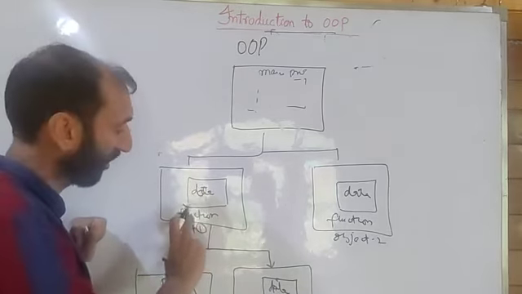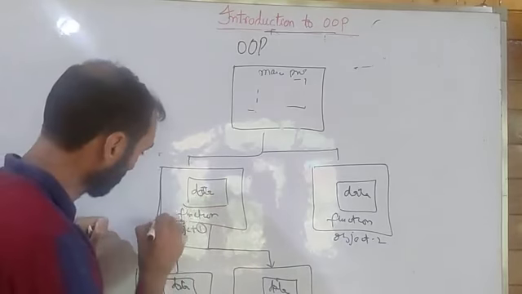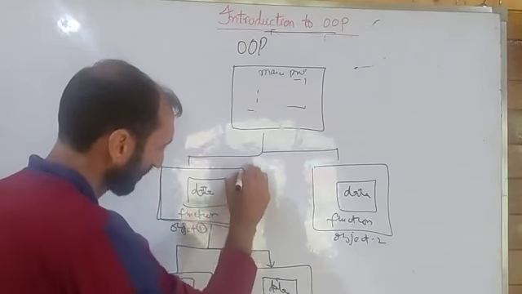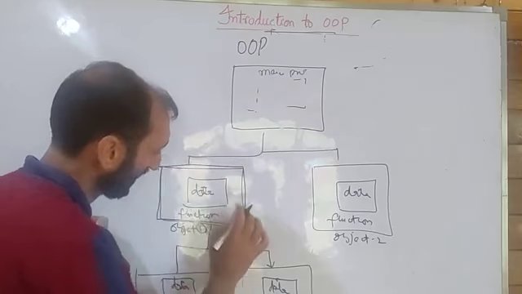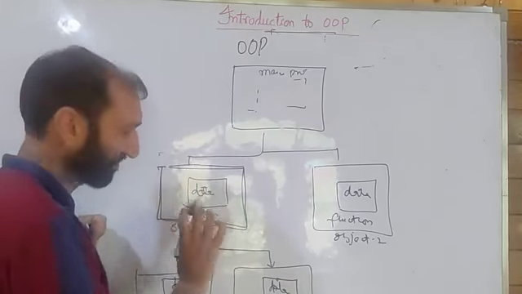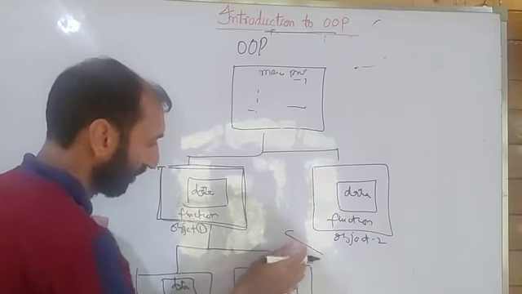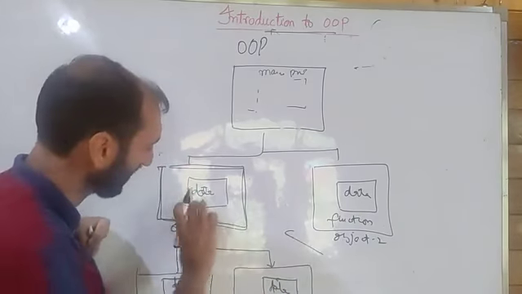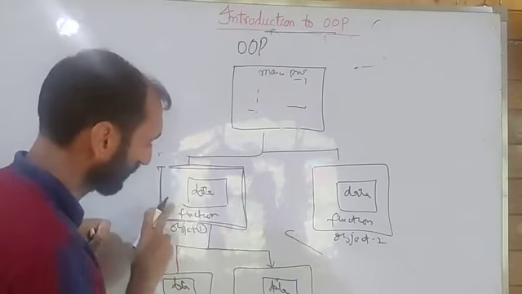This is the data and function, and this data and the functions are encapsulated in a cover. There's a cover around the data and the functions. So no one outside this object can access the data of object 1.